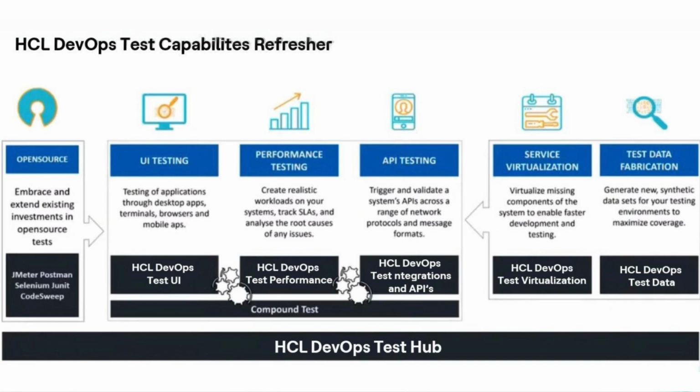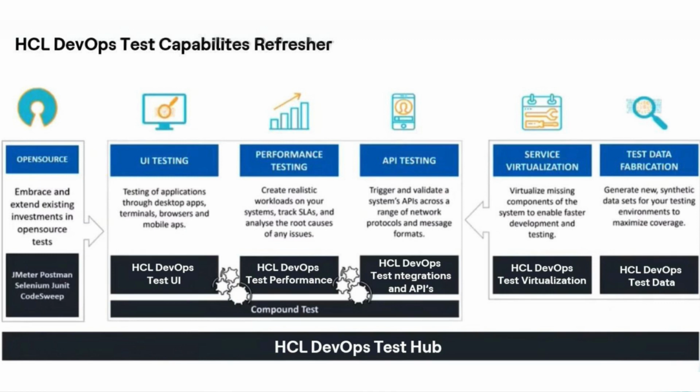It's all about triggering and validating system APIs across a very large number of protocols, from easy and regular HTTP, HTTPS, and web services, to mainframe protocols like CICS and IMS, which are much more exotic.